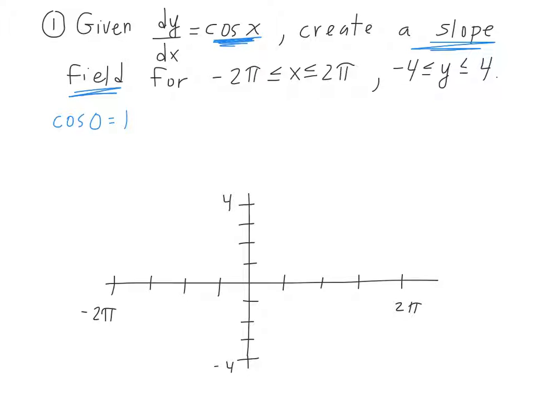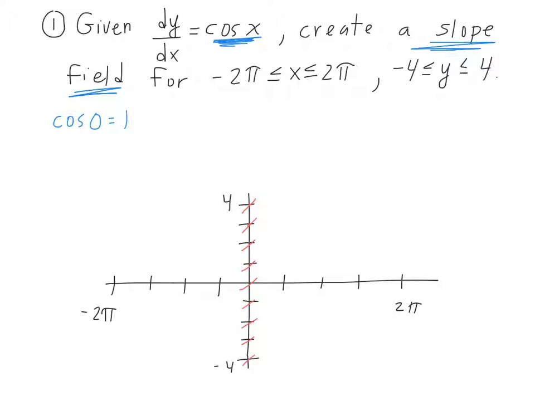So at all of these points here, where x is 0, we're going to draw in a tangent line slope of 1. So I'm going to do it right through negative 4 to positive 4. If it's a slope of 1, we know it should be angled at a 45-degree angle. It's not super steep, nor is it super flat.